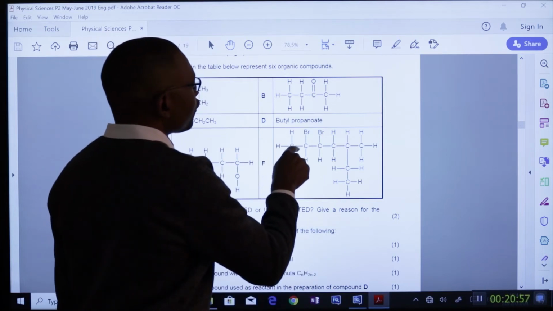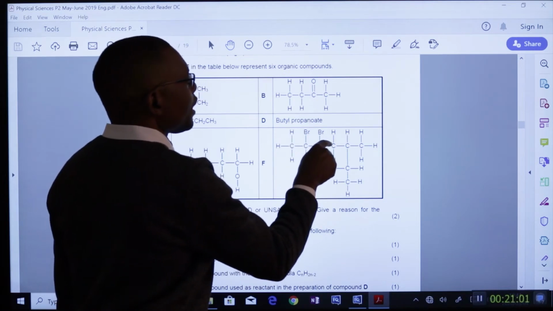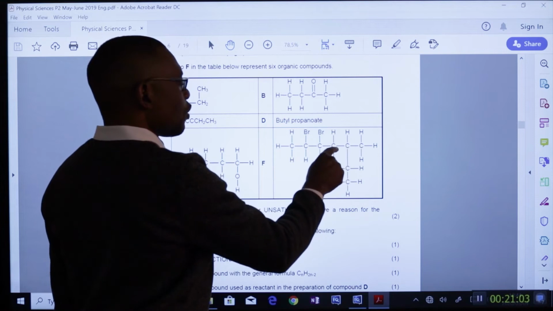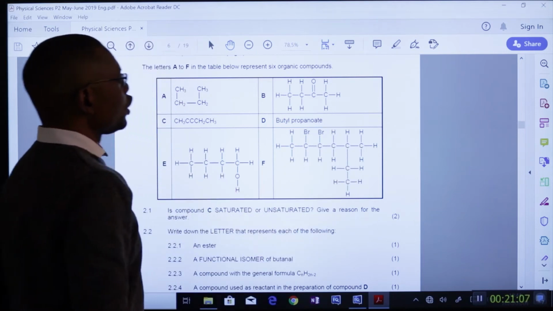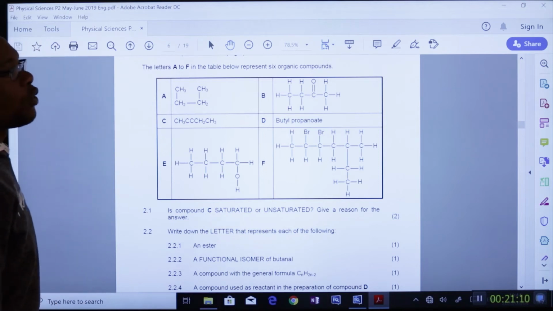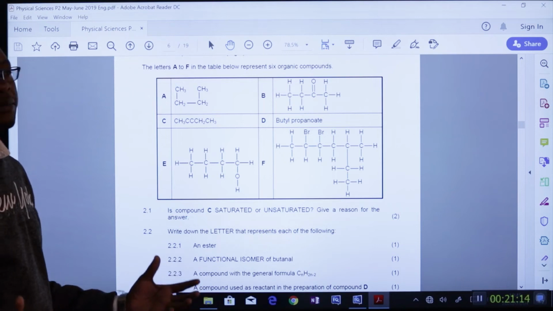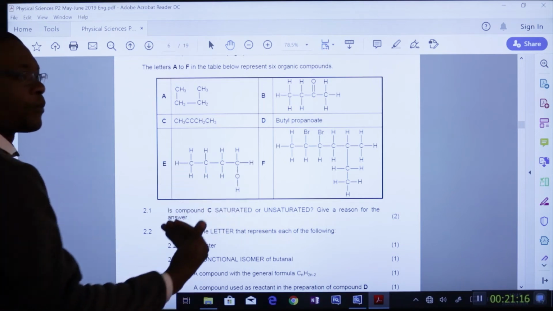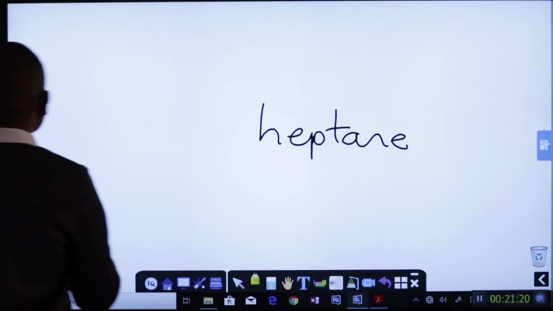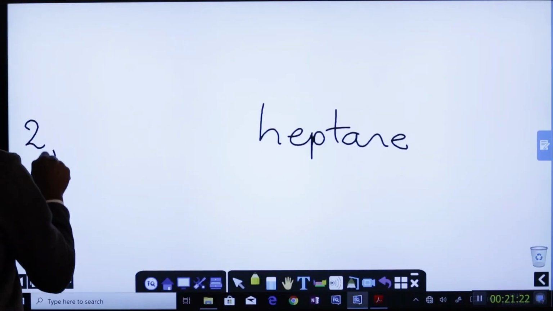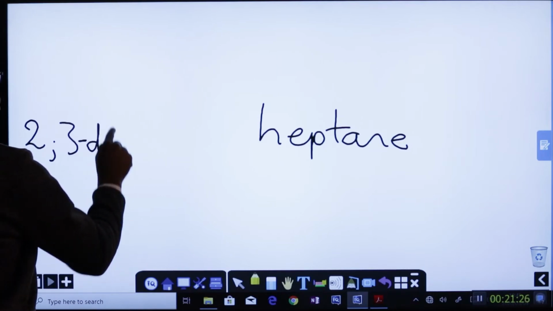So we're going to have bromine on number 2, a bromine on number 3, and then a methyl on number 1, 2, 3, 4, 5, on number 5. So for that reason, we also arrange them according to alphabetical order. Which one comes first? Bromo. So this whole molecule is going to be 2,3 dibromo.